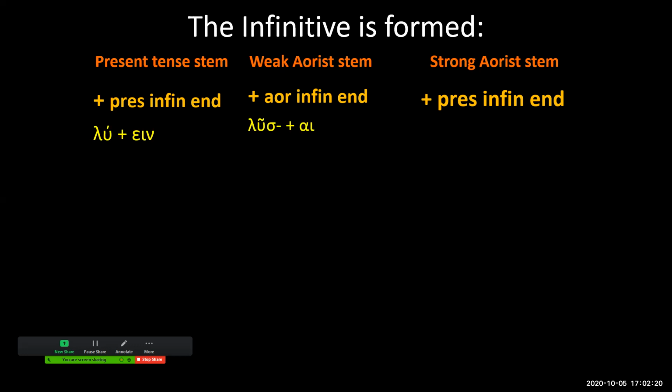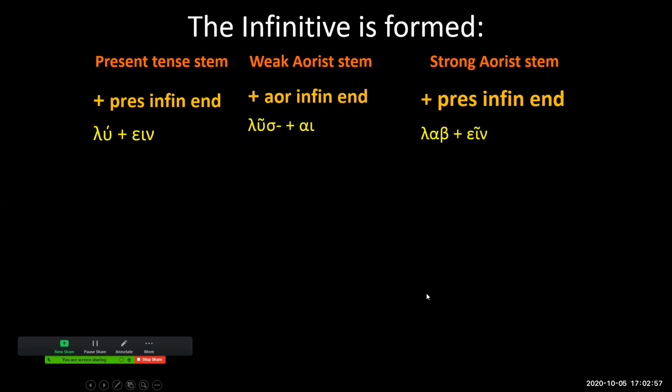So the aorist infinitive is lusai. And how is it translated? To loose. Really. Remember, we don't have an augment here, so we don't have past time. We'll look at it in just a moment. This is an important section here in this chapter. Luein is translated to loose. Lusai, the aorist infinitive, is also translated to loose.